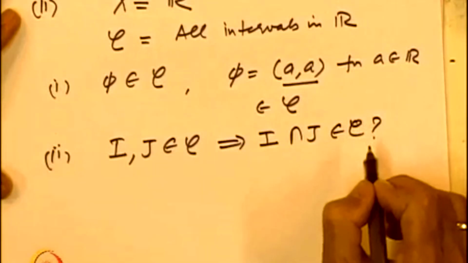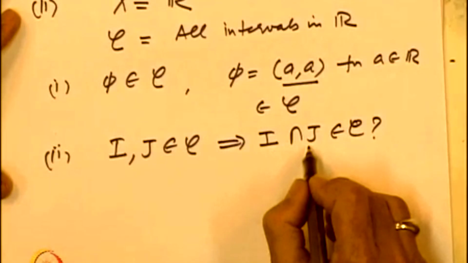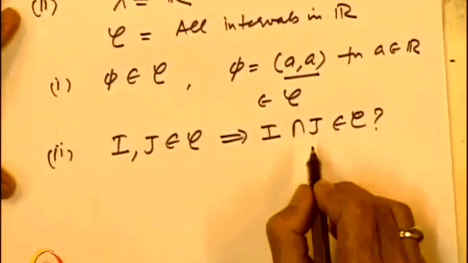That is the question. Means if I and J are two intervals, can I say I intersection J is also an interval?